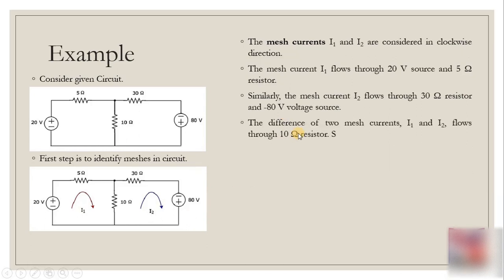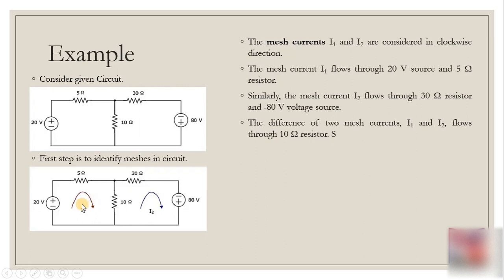But the difference of these two mesh currents I1 and I2 is flowing through the 10 ohm resistor. You can see this resistor is connected in between these two meshes. So this resistor is known as a branch, and I1 and I2 both are passing through this resistor.